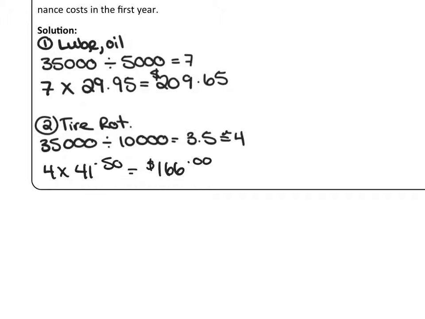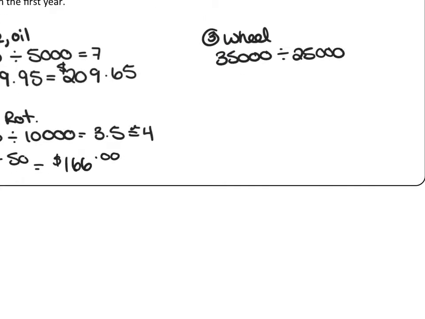The next one is the wheel alignment. You do that every 25,000. So that's the wheel alignment. Same thing, 35,000 divided by 25,000.